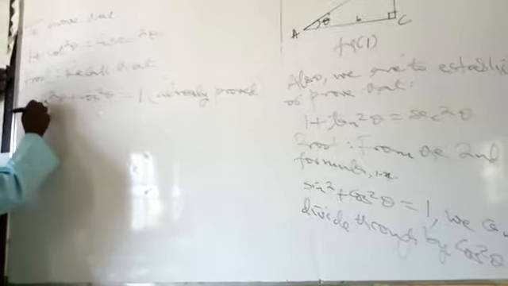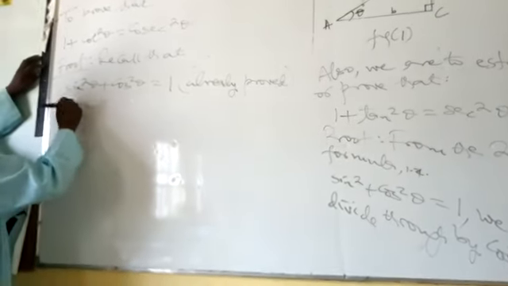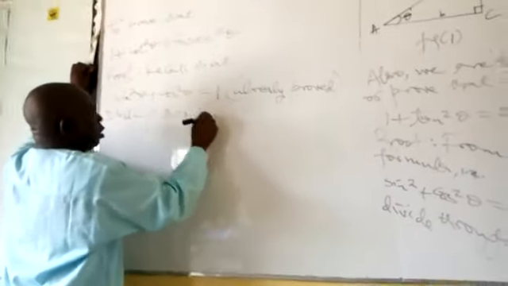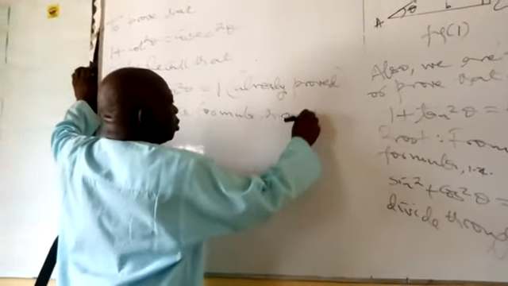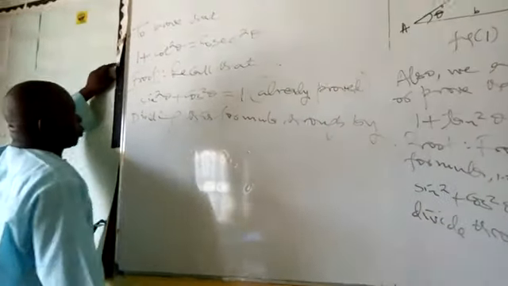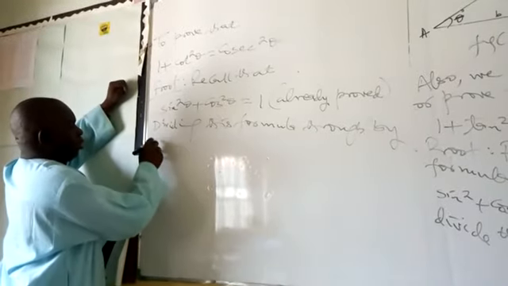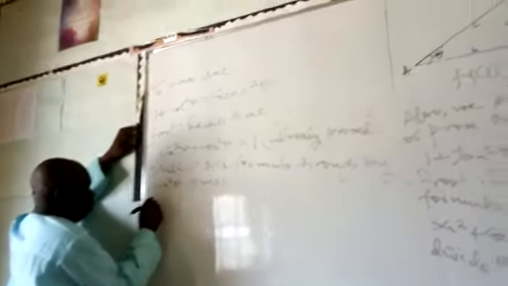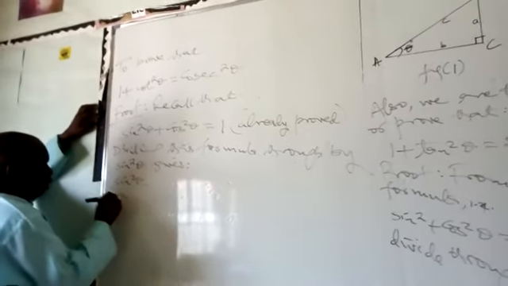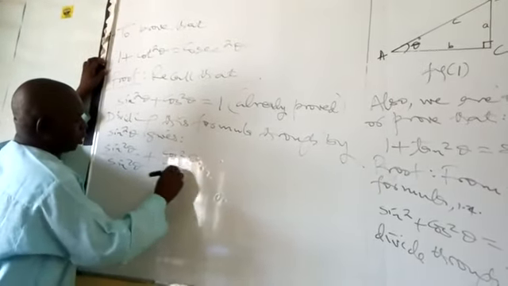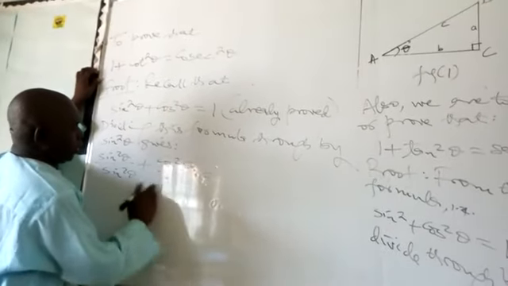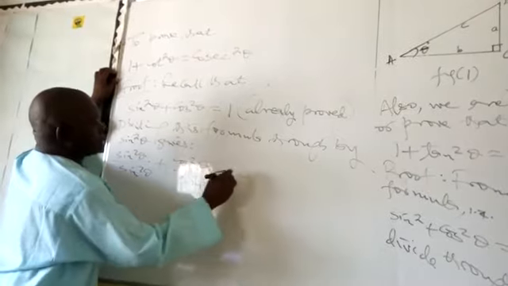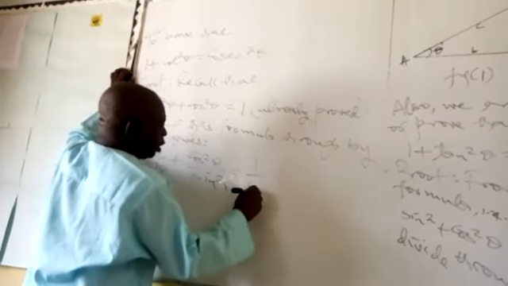So, dividing this formula through by sine square theta gives sine square theta over sine square theta plus cos square theta over sine square theta is equal to 1 over sine square theta.